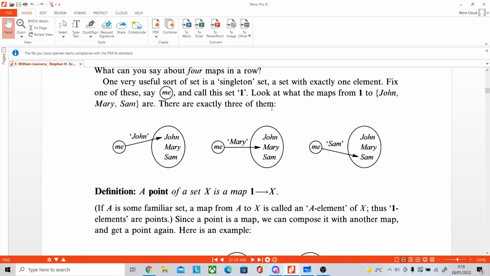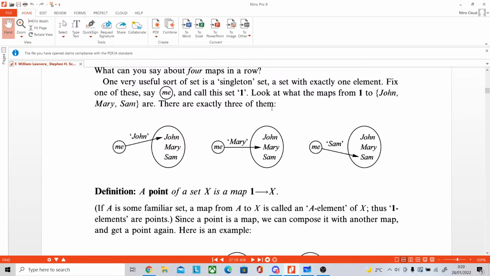One very useful sort of set is a singleton set, a set with exactly one element. Fix one of these, say me, and call this set 1. Look at what the maps from 1 to John, Mary, Sam are. There are exactly 3 of them, right?